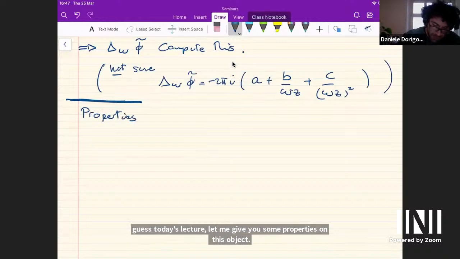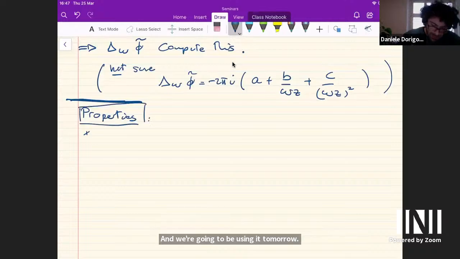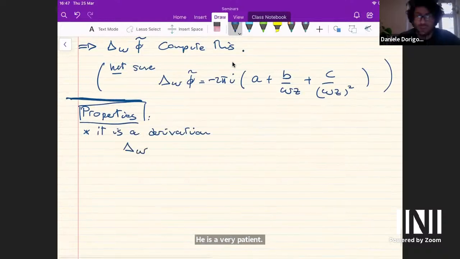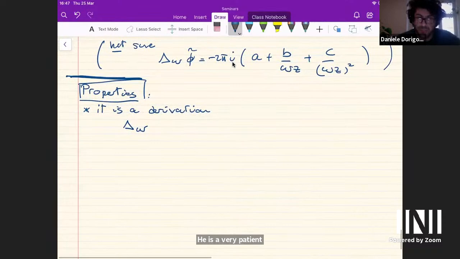And we're going to be using it tomorrow. So as the name suggests, it's called an alien derivative. It is a derivative. It is a derivation with respect to the appropriate product.